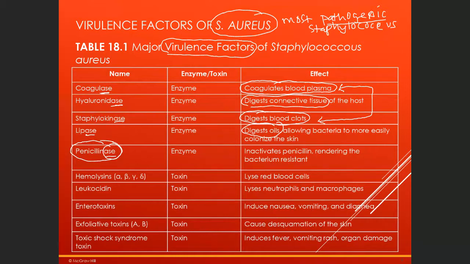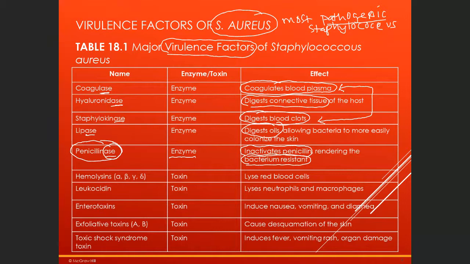So if we give penicillin to cure a Staphylococcus aureus infection, mostly it will not work properly, because the penicillin will be destroyed by penicillinase, the enzyme produced by Staphylococcus aureus. This is also the reason why this bacterium is very resistant to penicillin.